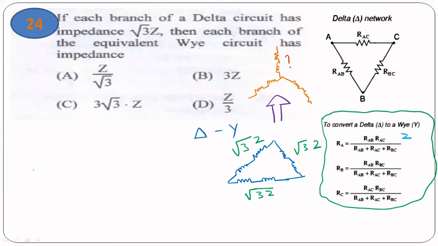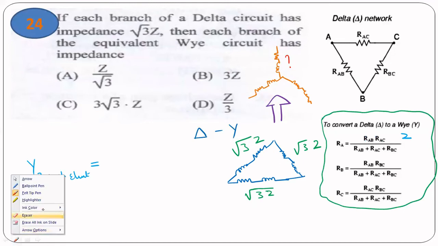So the value of Z for each element of the star connection is equal to, as you can see here, RAB times RAC, that is, two branches of this delta circuit that we have to consider.